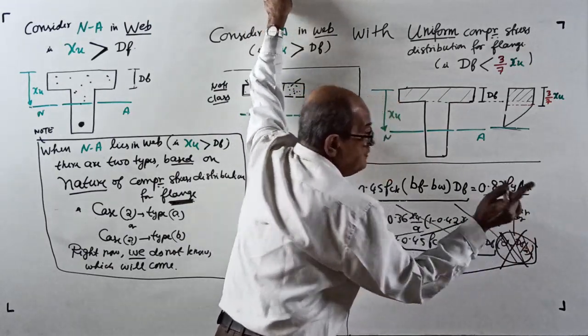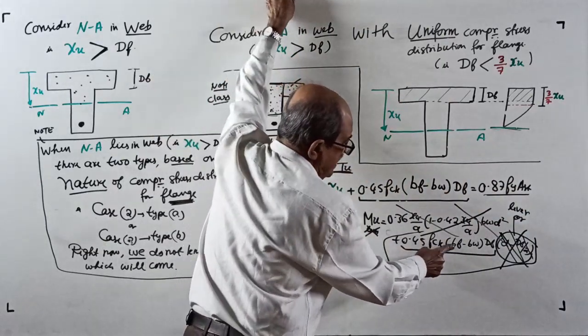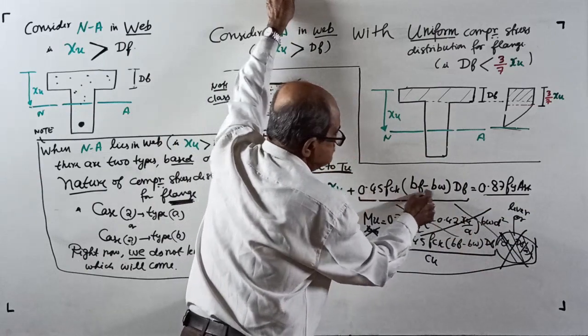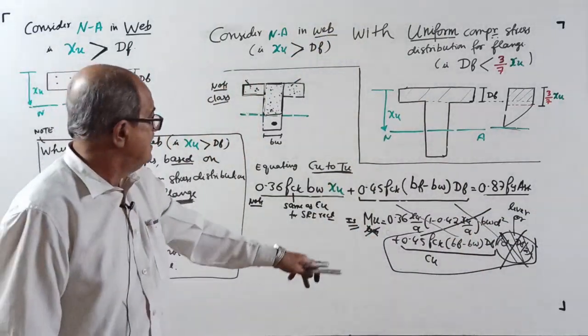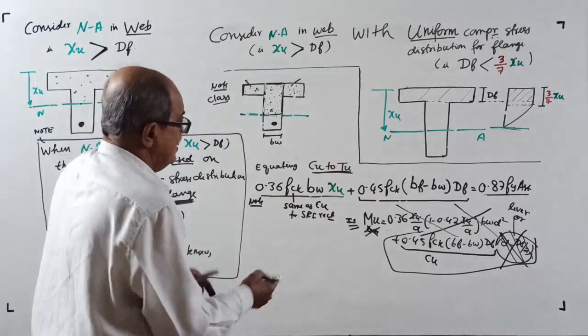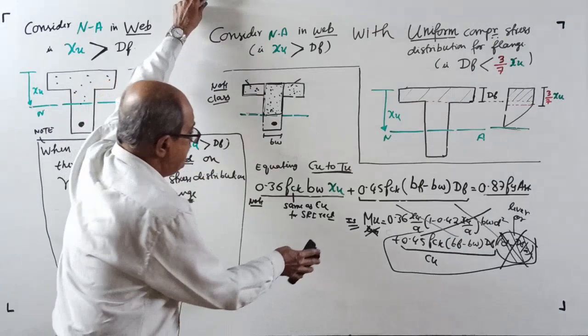The remaining is 0.45 fck into bf minus bw into Df. Over. Make a note if you are finding difficulty remembering. This is the formula for the equation. Now all over; these are tips only for you.